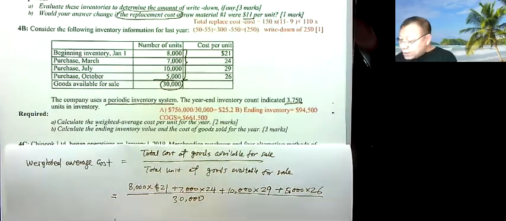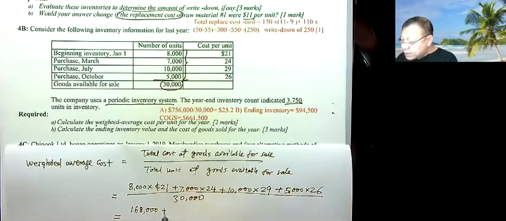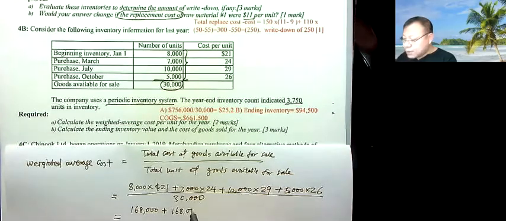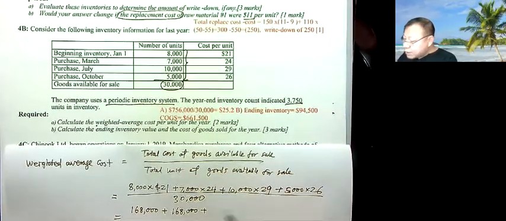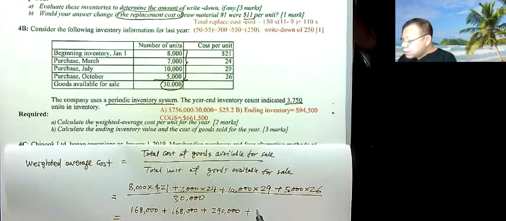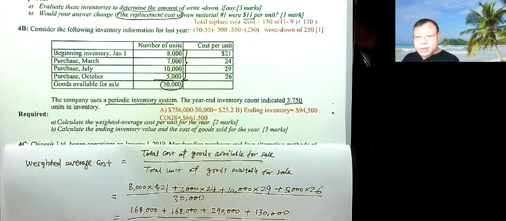Okay. So here, the first one would be 168,000 plus, which one is gonna be 168,000. And this one is gonna be 290,000. Next one will be 130,000. Okay, and divided by 30,000.